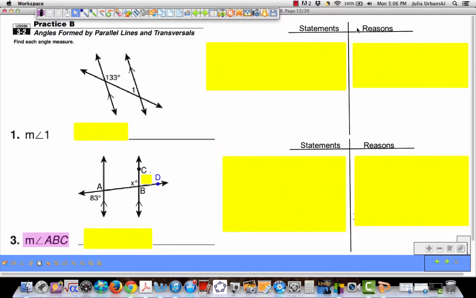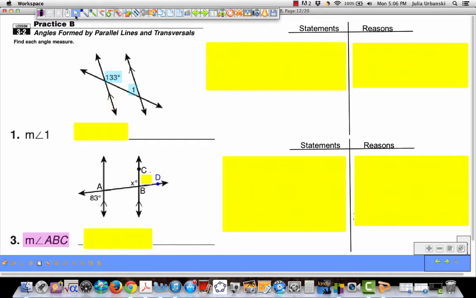Okay, in your notes you have a little T-table here that says statements and reasons, and you really need to get used to doing that. First of all, looking at this picture here, what I'm noticing is that I have an angle here and an angle here. Those are same side interior angles. So I think back to my rule that we had earlier today.